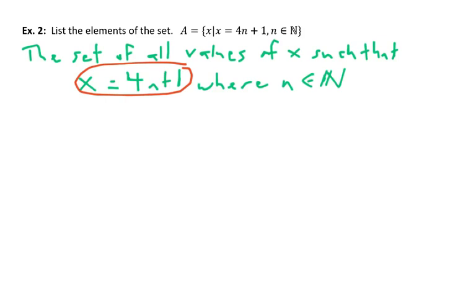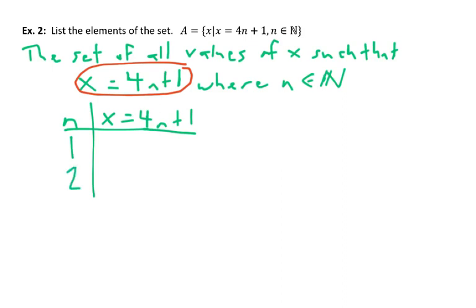So here's how I would do that. I would make a little table, and I would pick some values of n, and then from the formula, I would explore x is equal to 4n plus 1. The natural numbers are the counting numbers, the numbers you learn to count with in school.